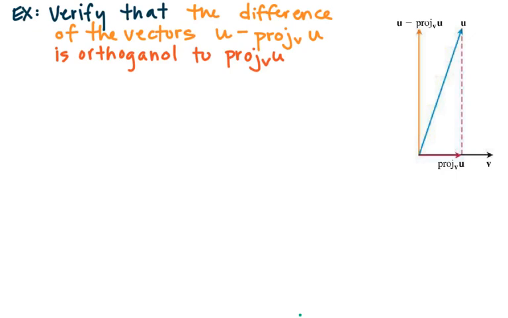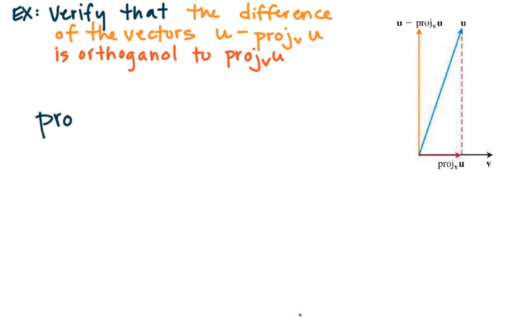All right, and so really this is very similar to our parallelogram law when we think about adding and subtracting vectors. So what we're going to do, the vector projection of u onto v, well, we know that's always going to be parallel to v.